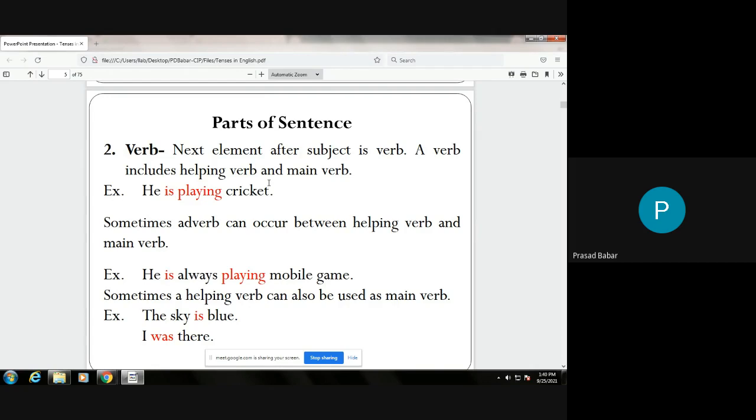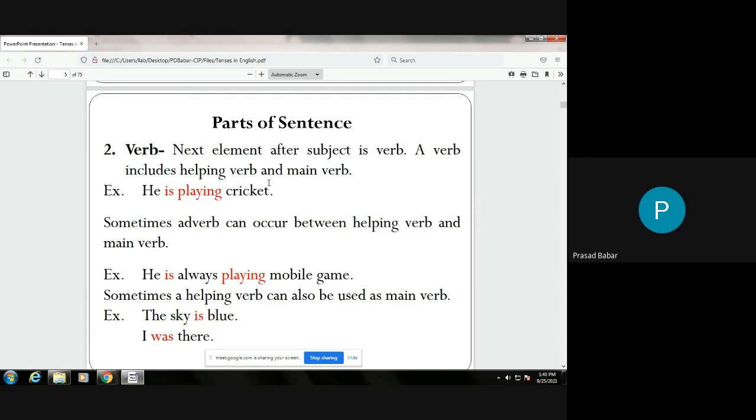Mobile game is the object. Okay, so is always playing. Is playing is the verb: is is the helping verb, and playing is the main verb. Is playing is the verb, and in between them we are using an adverb, that is always.